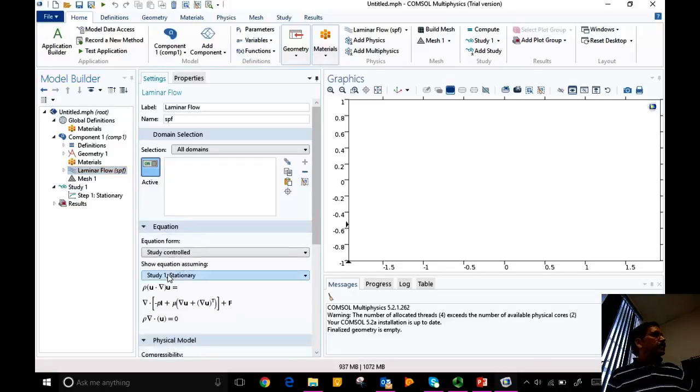Okay, so you can see the equations here. Rho u dot del u, that's the advection term on the left hand side. It's steady, so the transient term has been dropped. So the left hand side equation was the Navier-Stokes equation.